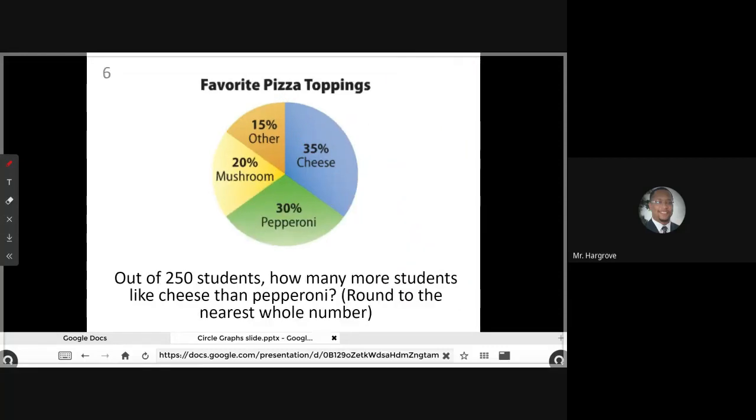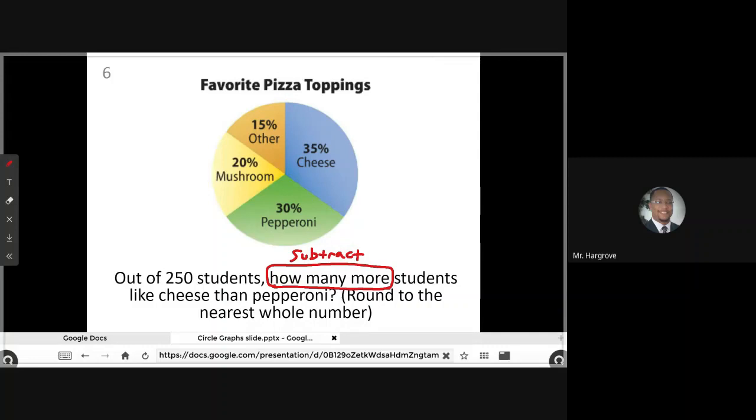All right, let's move to our final example. It says out of 250 students, how many more students like cheese than pepperoni? Now we should remember from our bar graphs and dot plot video, anytime you see that phrase, how many more, that should prompt you to do some subtracting. So we're going to subtract.